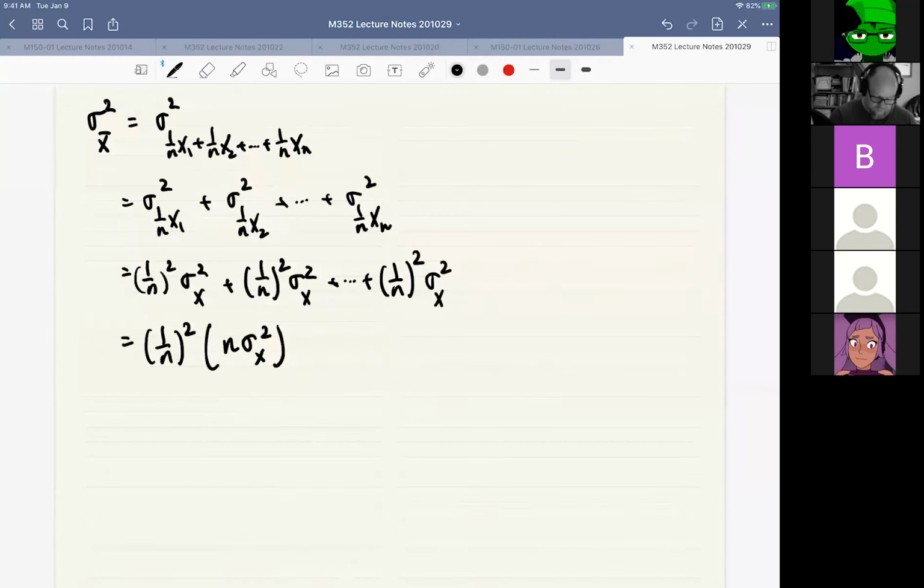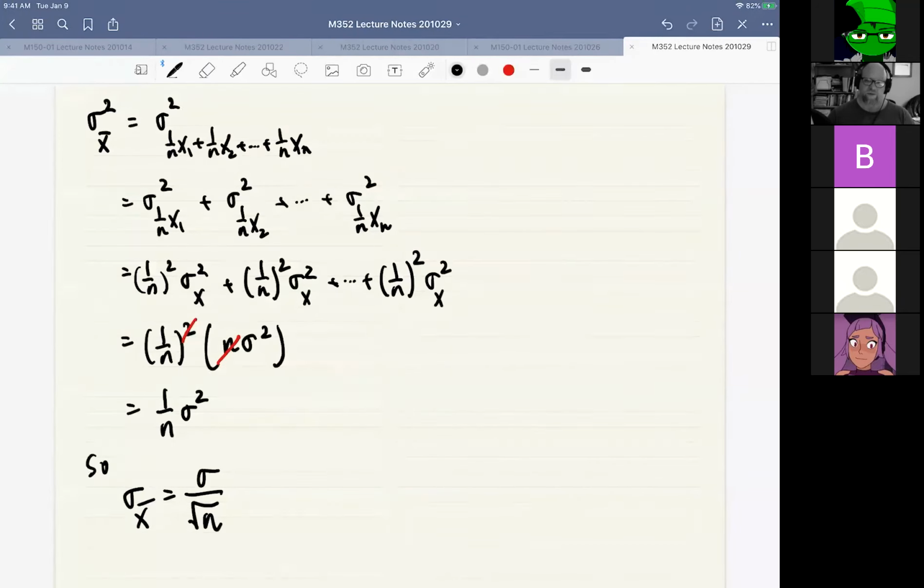I guess I can just call it sigma. So this n cancels with one of the n's down there. So I end up with 1 over n sigma squared. So we conclude that the standard deviation of the sample mean is sigma over the square root of n.